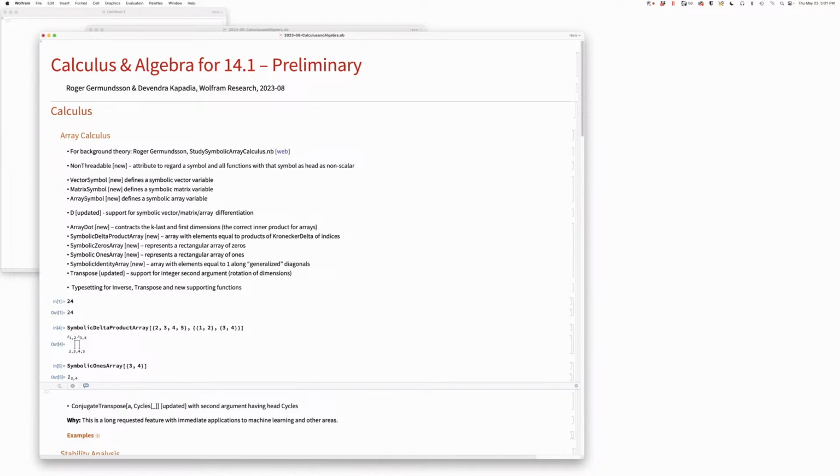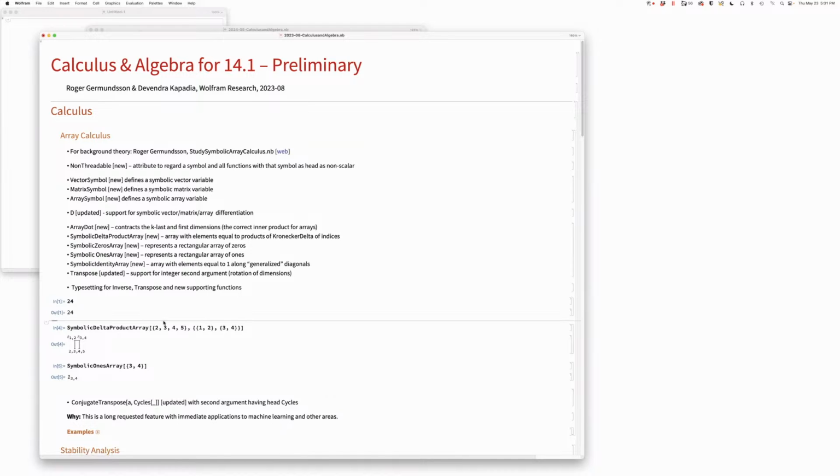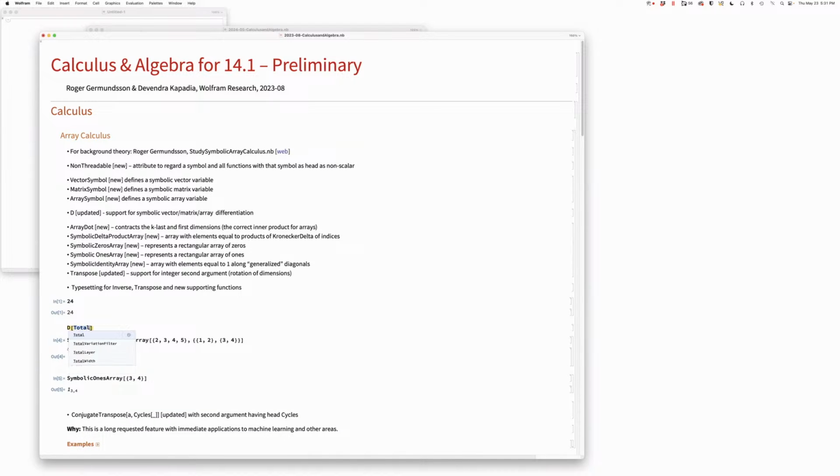Can you show me an example? Derivative of total. So you need to put some array symbol, some name, and then 2, 3, 4 comma 2, 3, 4 or something.